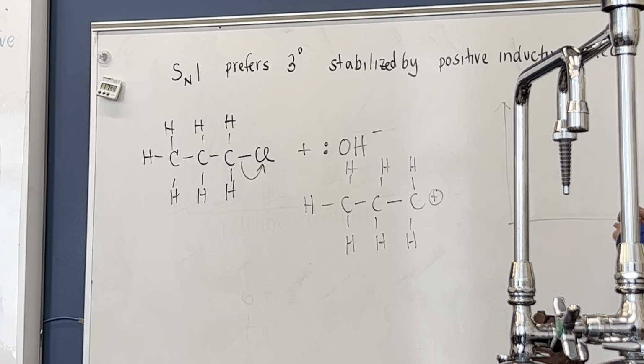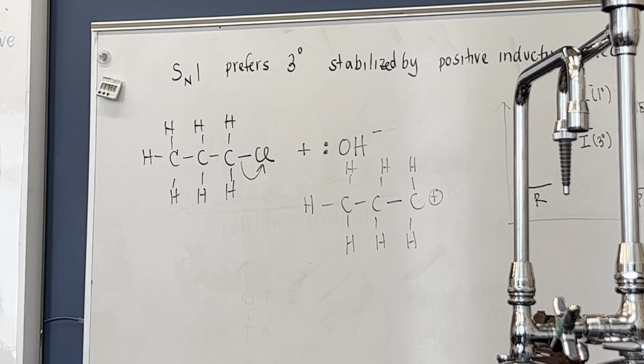If we wanted to compare the reaction profiles, we have the reactants, the intermediate, and the products. What we might find is that for a tertiary haloalkane, the intermediate is quite low because it's quite stabilized. But for a primary, it's quite high because it's not stabilized by the positive inductive effect.